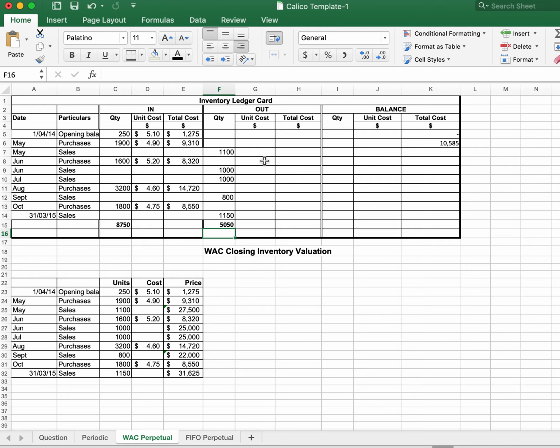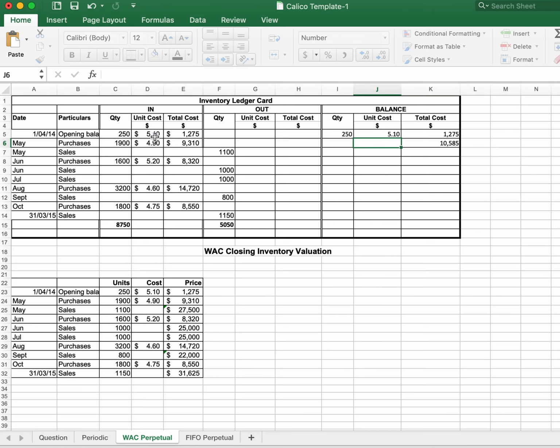Okay. So what we need to work out is the cost of the ones that we've sold, and it's going to be weighted average cost, right? So to work that out, we say how many units in the section, what did they cost us?